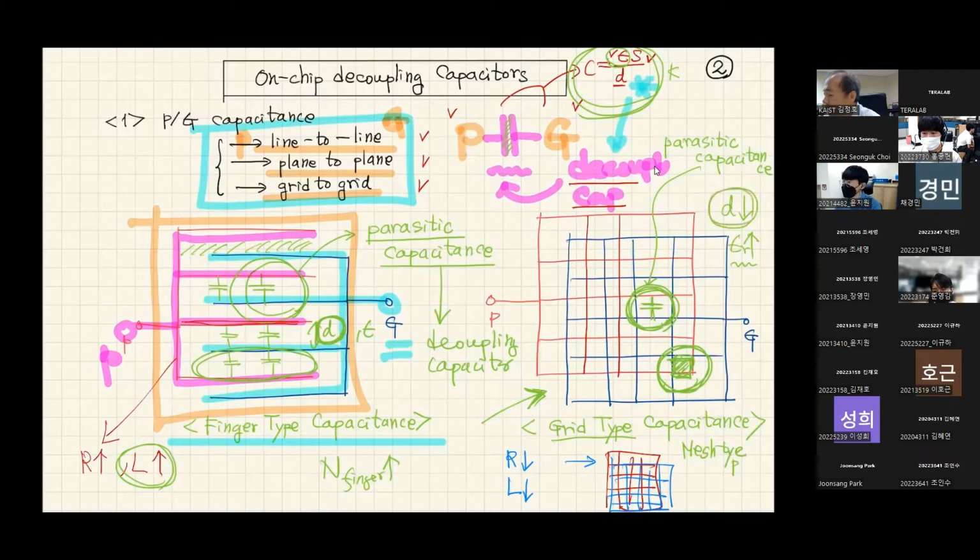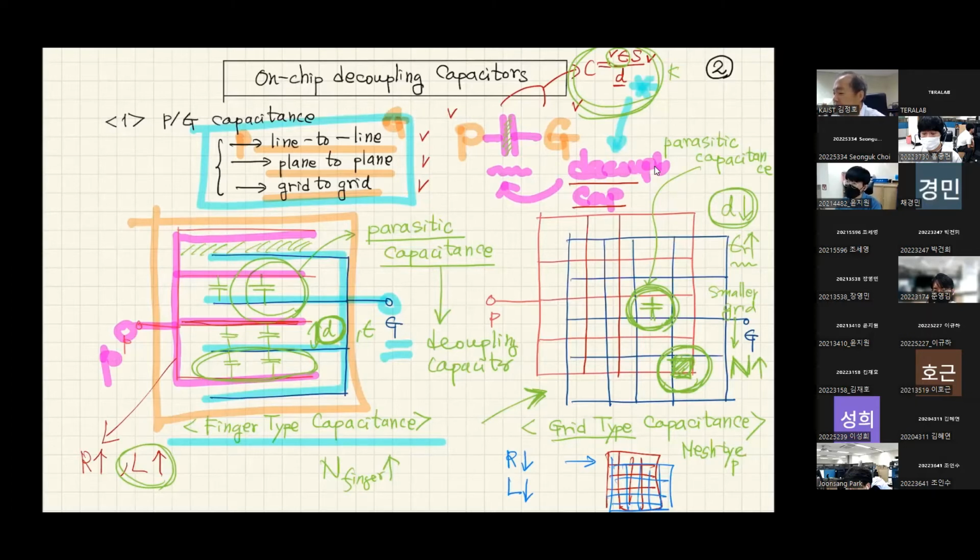Smaller d means a smaller grid size, which means the number of grids has to increase, and it will use more and more surface area of the silicon chip for power and ground.